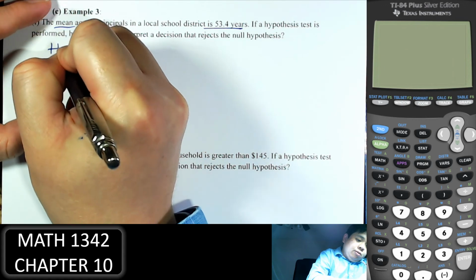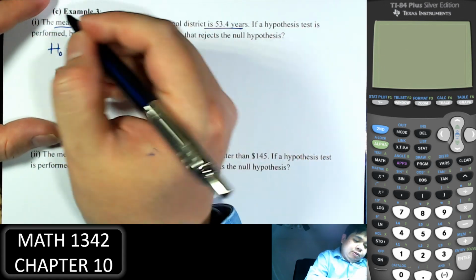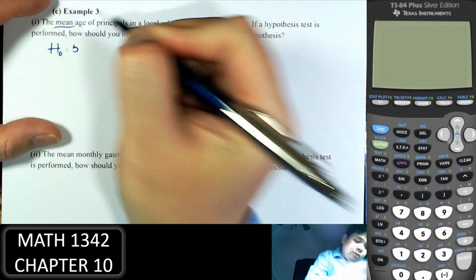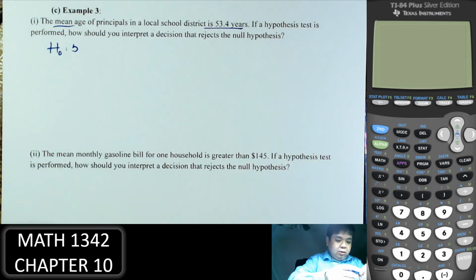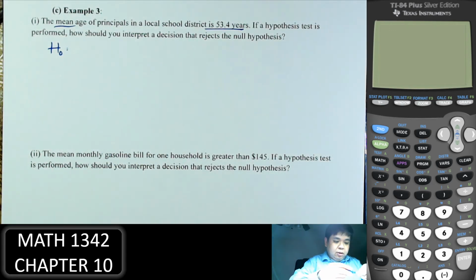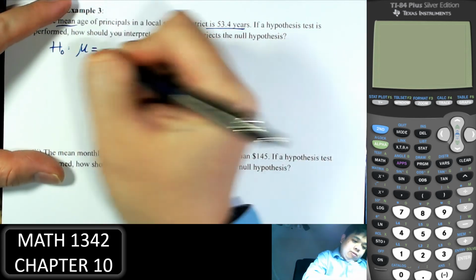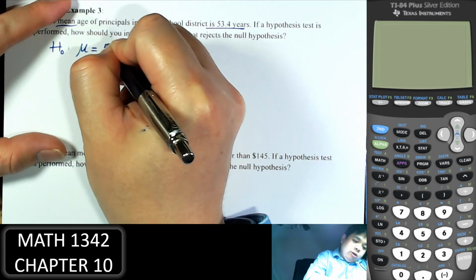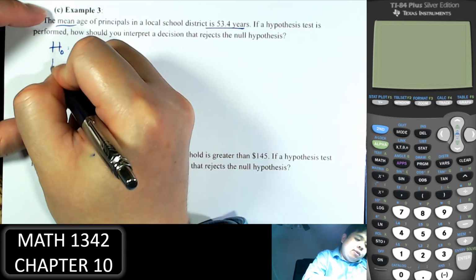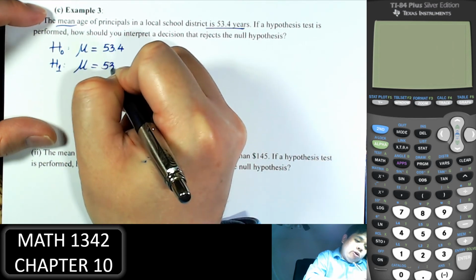So the mean is 53.4 years. H1 is not equal to 53.4.